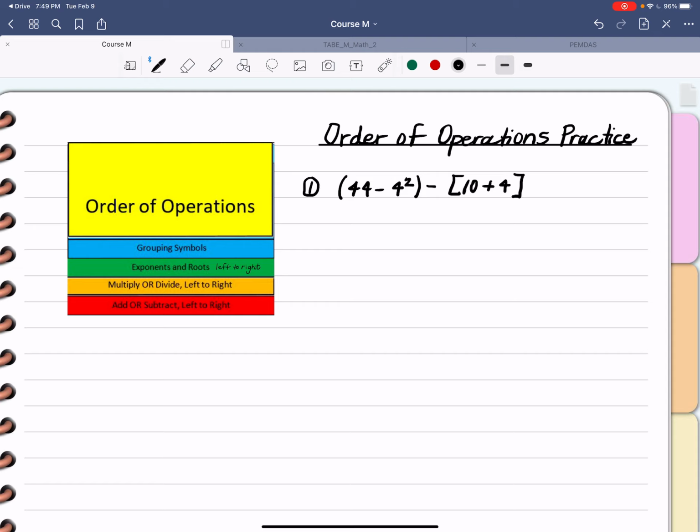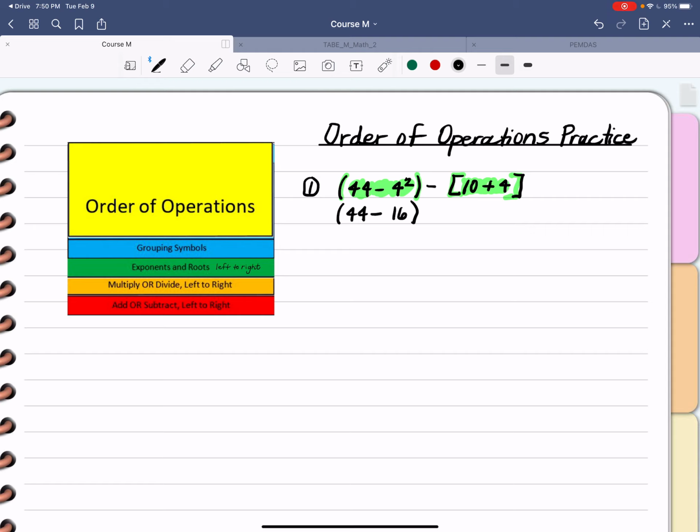So according to the memory piece, I'm going to do grouping symbols, and so that will be the parentheses and the brackets. So we're going to do these two steps first. When I go to this first set of parentheses, I have to do a little work in there. We've got 44, 4 squared, that's 4 times 4, that is 16.